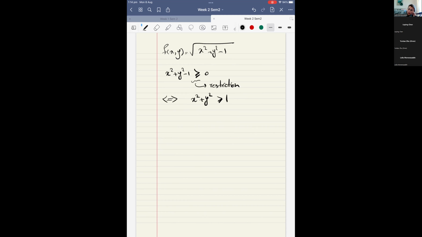Can you guess what the shape of x squared plus y squared is? Okay, x squared plus y squared equal to 1 is a circle whose radius is 1.